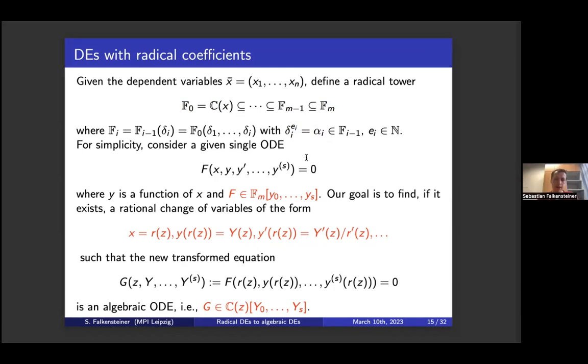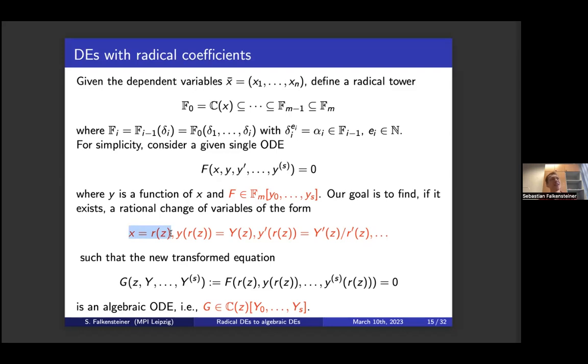And I guess this answers the question by Professor Li Gu. But one has to be careful which type of transformations you allow. We only allow rational transformations in the x variable, which gives a one-to-one correspondence between solutions.